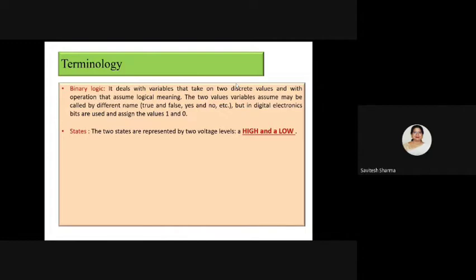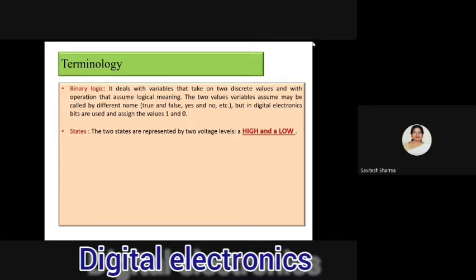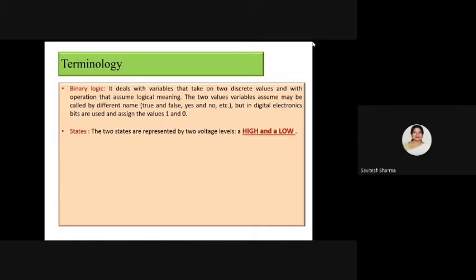Whatever we are representing as logic 1 and logic 0, or states, actually represents the voltage level, or current level. In digital electronics, we are talking about the voltage level, which may be high or low. If we want to represent a logic 0, we may take a low voltage.